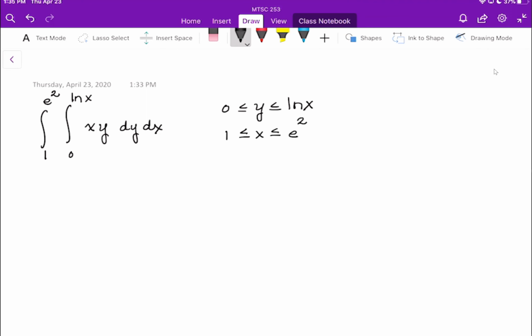So if I were to draw that region, I would have y go from 0 up to the curve y equals log x. If I were to graph the log of x, I only need to do it from 1 on. So the log of x looks like this, and it goes from 1 to e squared.